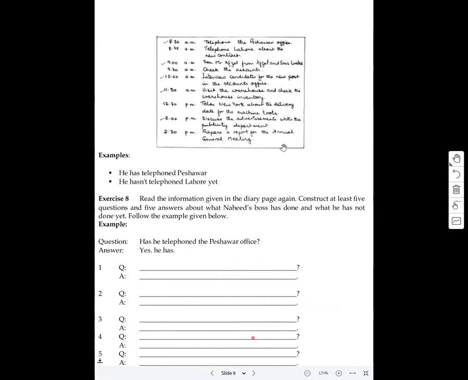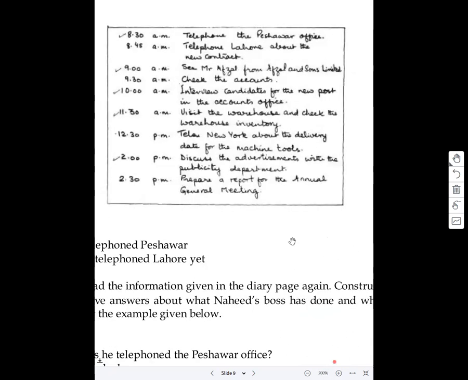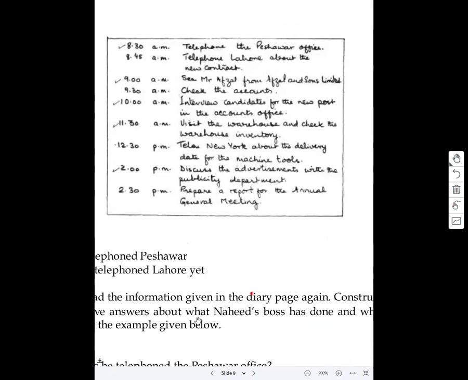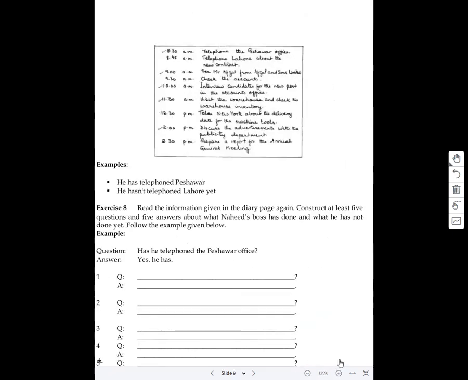Right, so this is the diary. I hope it's visible. Let me zoom it out. Now, the timeline is given: 8:30, 8:45, 9, 9:30, etc. Telephone the Peshawar office, telephone Lahore about the contract, etc. Now, what we have to do is make present perfect tenses of these situations.